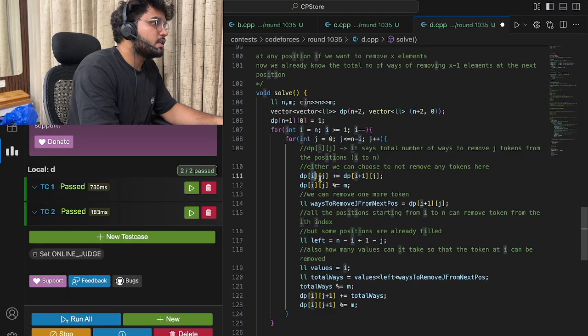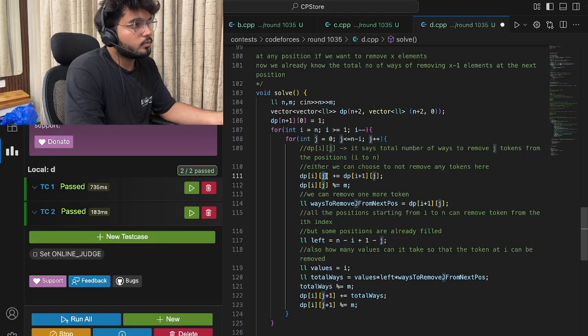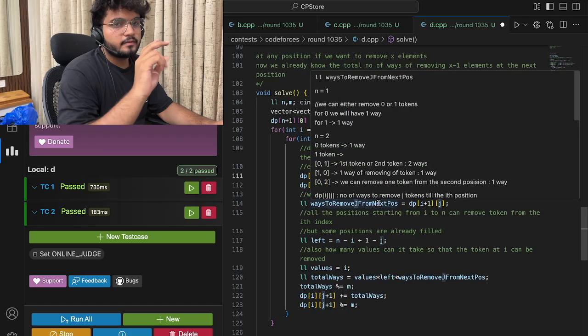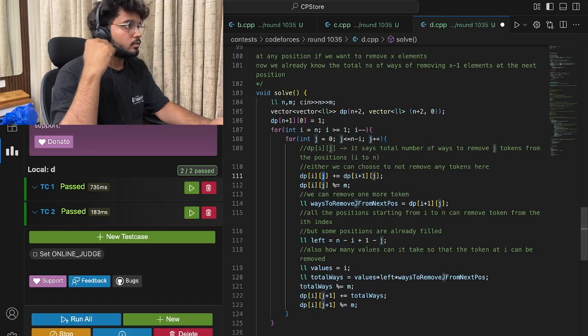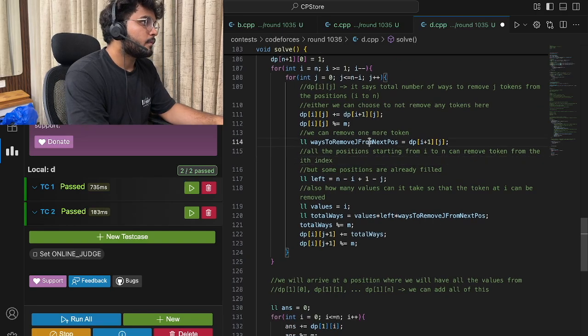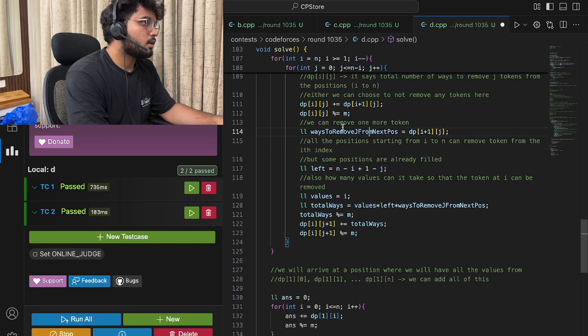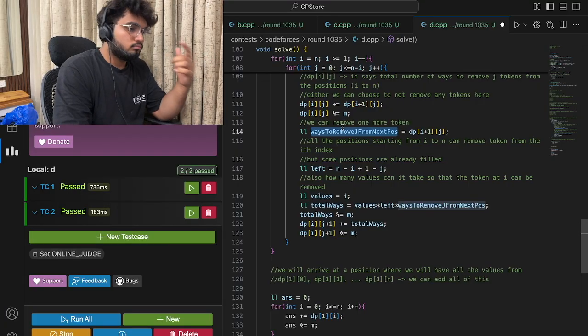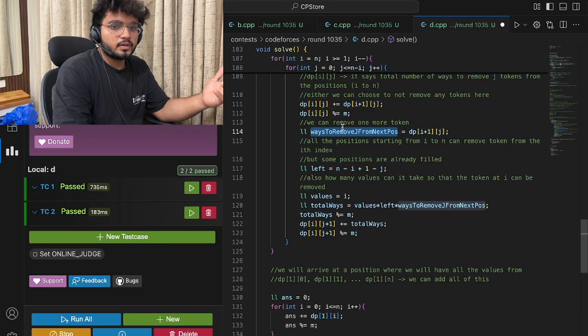So dp[i][j] is the total number of ways to remove j tokens, and we are not trying to remove any more tokens. So just go back to the next position, see how many ways there were to remove j tokens, and copy them to the current dp values. Otherwise we can try to remove one more token. What is the total number of ways to remove one more token?